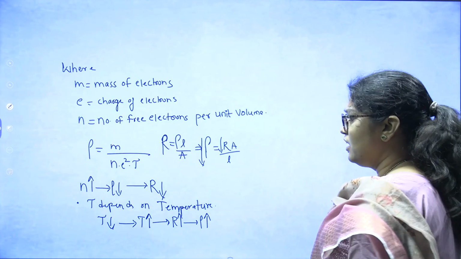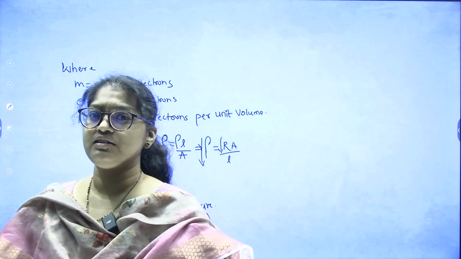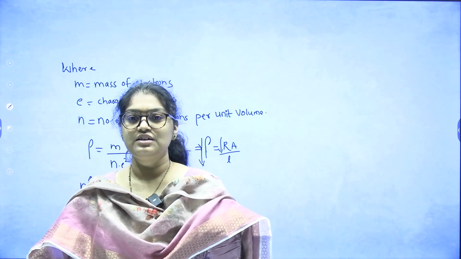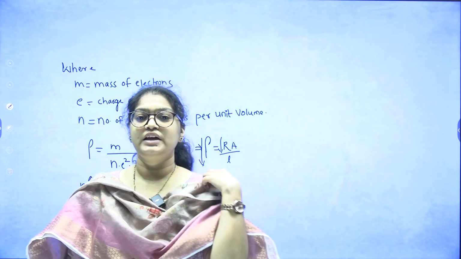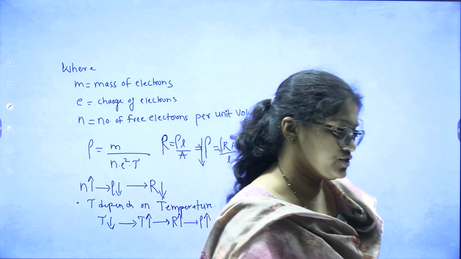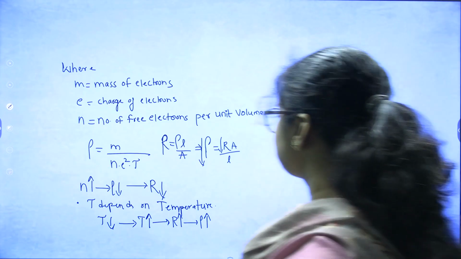Suppose I have taken silver and copper. In general, silver will have more free electrons than copper. Clear? Next we'll do problems. We'll do 2 problems.